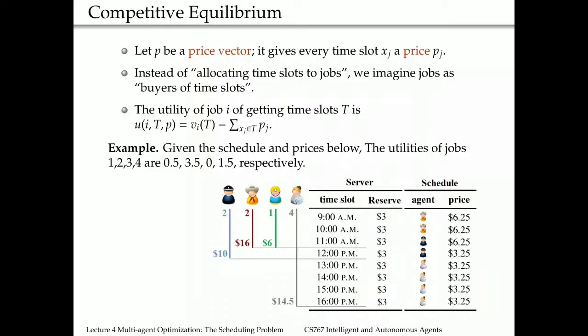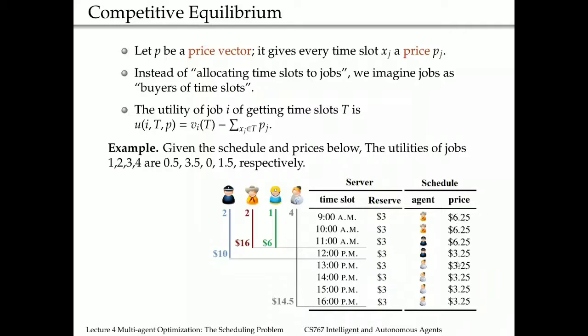For example, if we have these time slots and 4 jobs, suppose on the right-hand side, you can see that we have defined a solution where the first 2 time slots are given to the second agent, and then the next 2 are given to the first agent, and then the remaining 4 are given to the last agent, and actually the third agent did not receive any time slots.